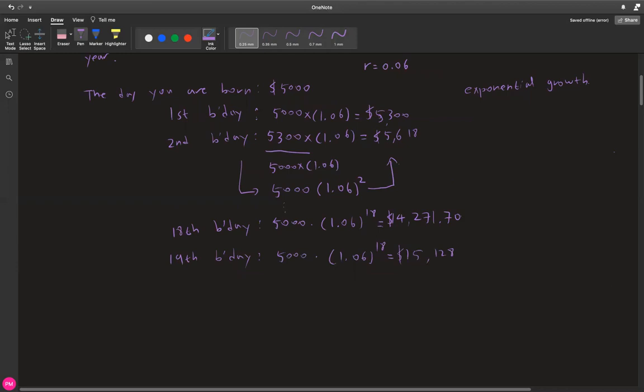This is almost $1,000 in difference, whereas this is only $318 in difference. So in this case, with the compound interest, you can see that the growth is a lot quicker as the time goes along. So supposedly you didn't touch that money all the way until you're 60 years old.